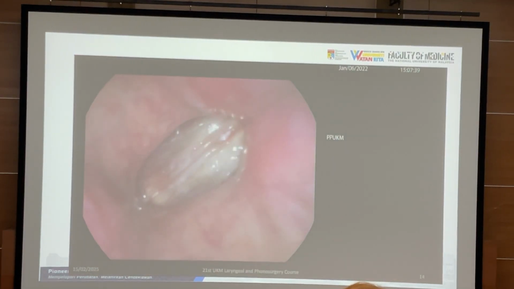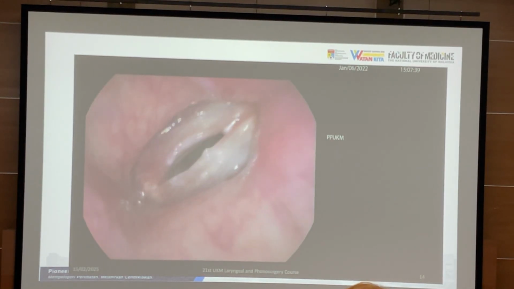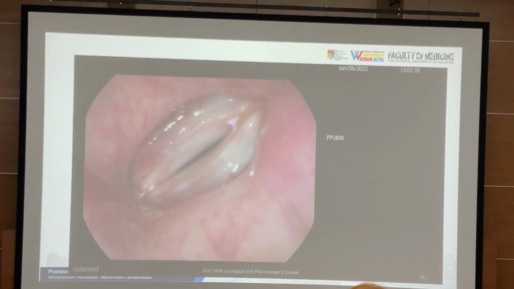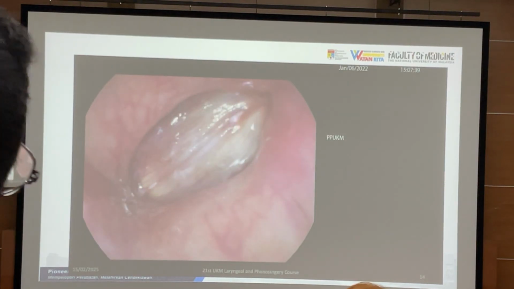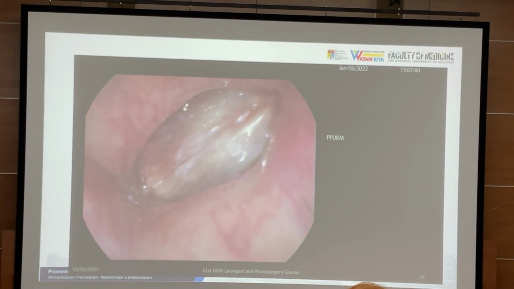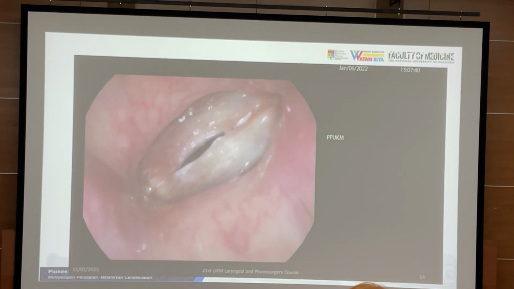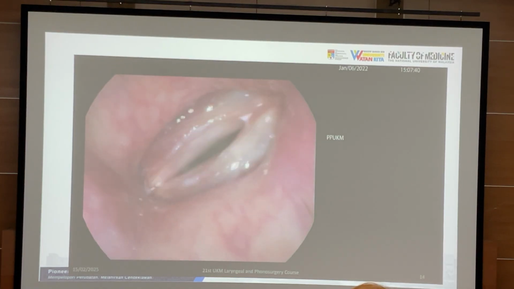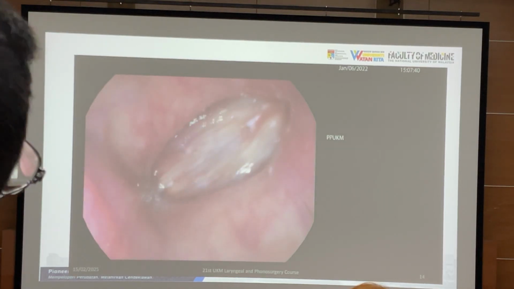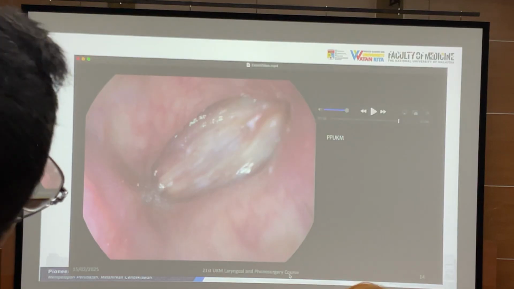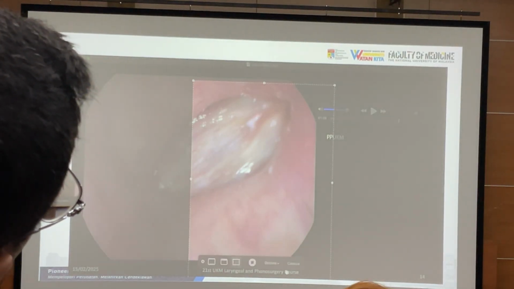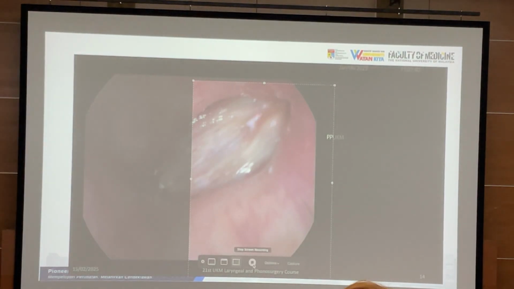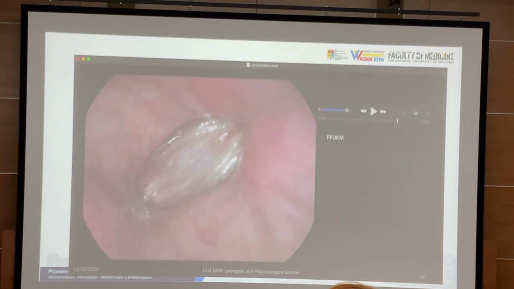That's closed phase, closed phase, closed phase, and now you can see the excursion. Can you see the thing dancing? Close, close, close, and then you see the excursion. That excursion is amplitude. How far does it move, excurse from the midline to lateral? That is amplitude.